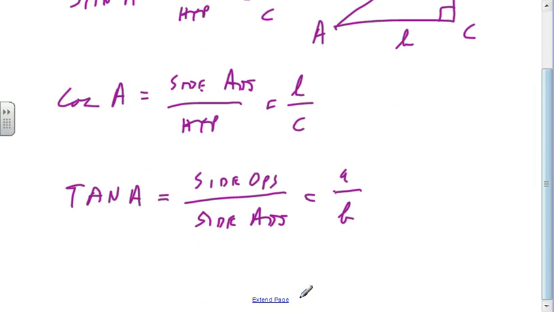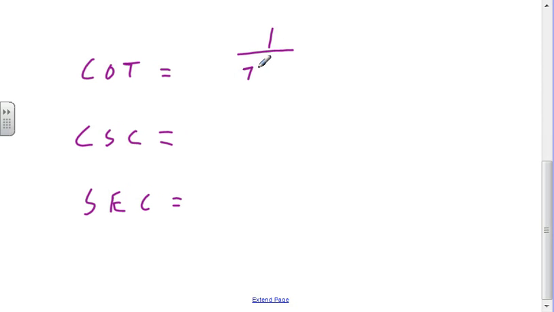And then just to make our lives better, we have cotangents, and we have cosecants, and we have secants. Our cotangent is going to be 1 over tangent, our cosecant is going to be 1 over sine, and our secant is going to be 1 over cosine.